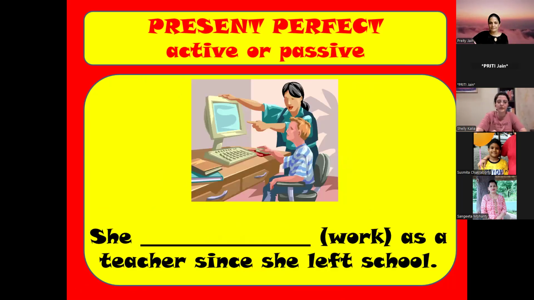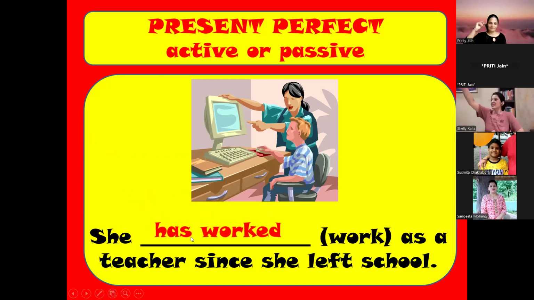Yes, ma'am. Go ahead. She has been working as a teacher since she left school. Shelly, it is a present perfect tense, dear. Okay. She has worked as a teacher since she left school.